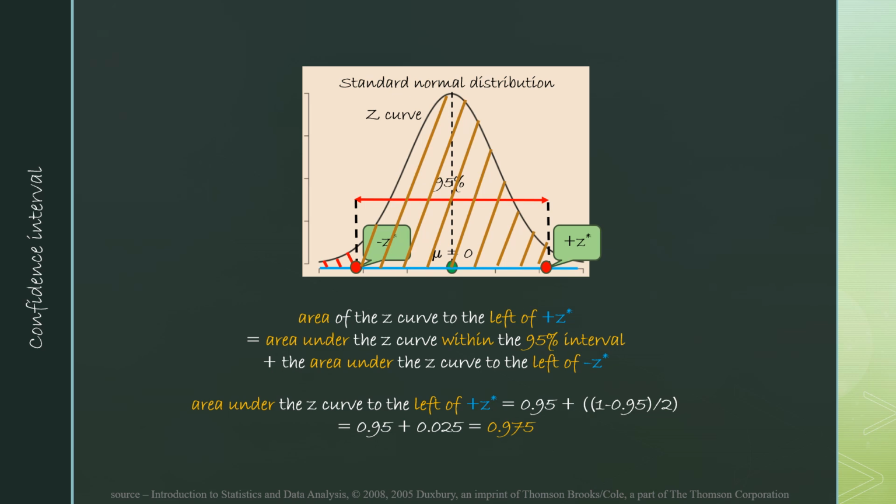The 1 minus 0.95 in (1 minus 0.95) divided by 2 above equals the sum of the areas under the z curve to the left and right of minus z star and plus z star respectively. Thus the area under the z curve to the left of minus z star equals (1 minus 0.95) divided by 2.